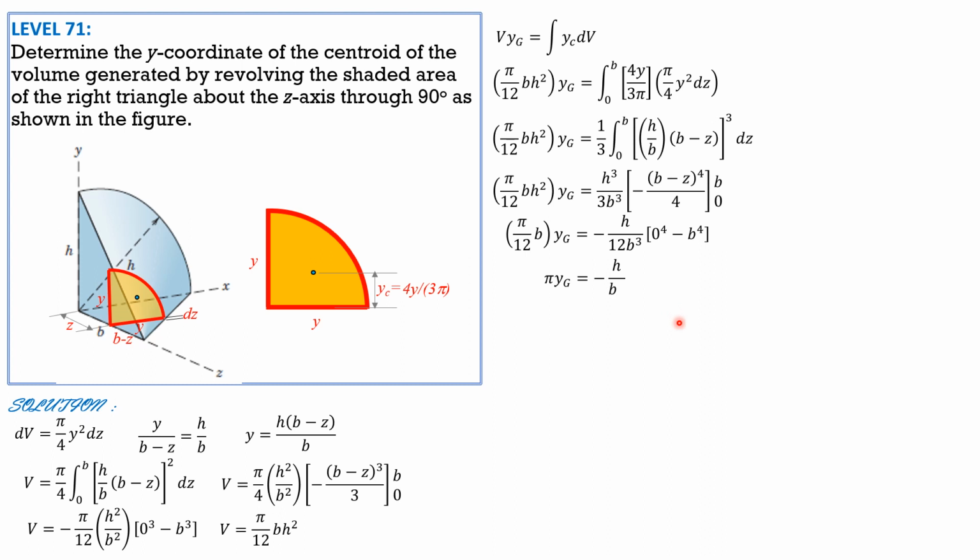So pi yg equals negative hb to the fourth minus b to the fourth, quantity 0 to the fourth minus b to the fourth. So this is positive h over pi. Yg is positive h over pi. So that's Yg.